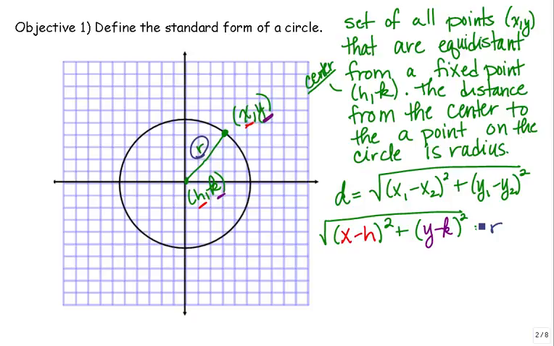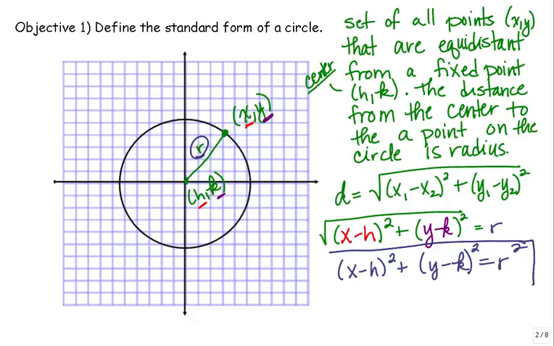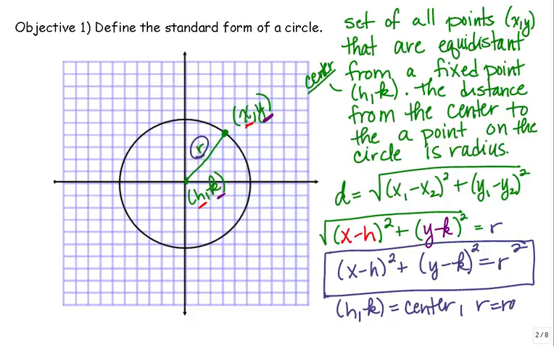Now we can undo that square root by squaring both sides, and if we do that, we would get this equation: x minus h squared plus y minus k squared is equal to r squared. This is the equation of a circle where h, k is the center and r is the radius.